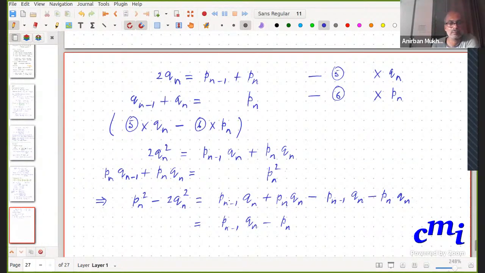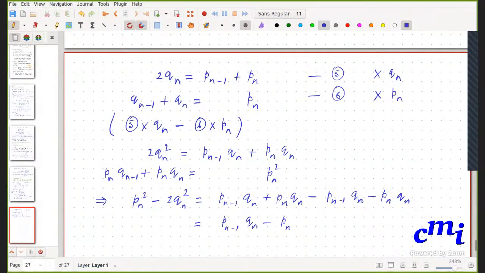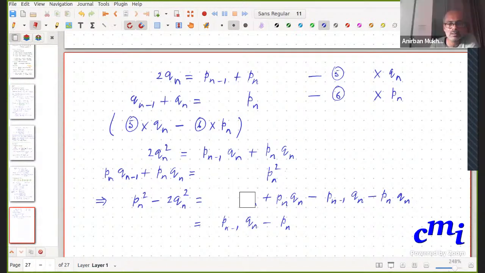It's correct. So there is a mistake here, this is Pn Qn minus 1. Pn Qn minus 1, Pn Qn, and then Pn minus 1 Qn minus Pn Qn. Yeah, it's correct. Therefore, what I have is Pn Qn minus 1 minus Pn minus 1 Qn.